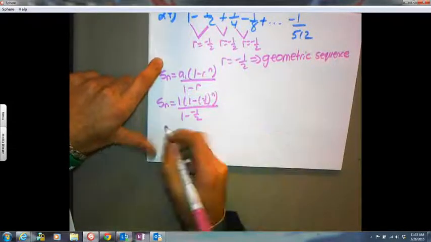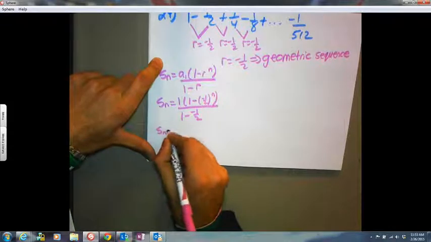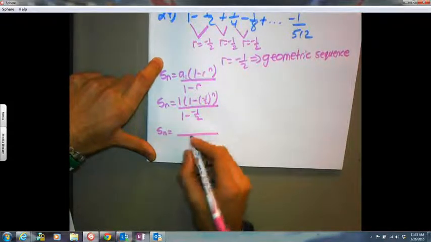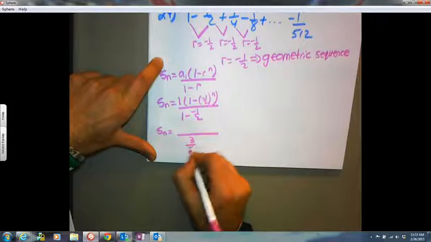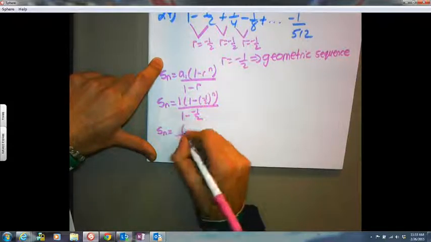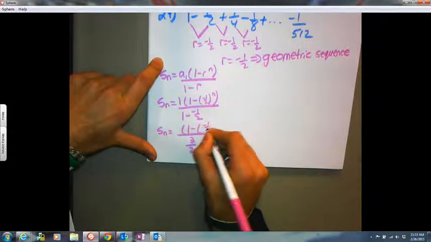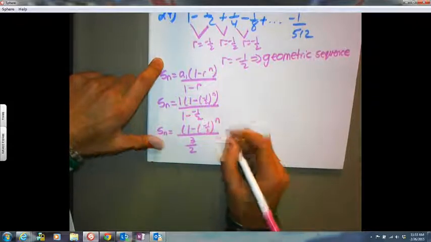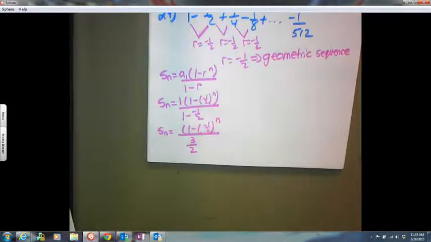I'm going to simplify the top and bottom a little bit. Let me stop here first and see if there are any questions on how we got this.